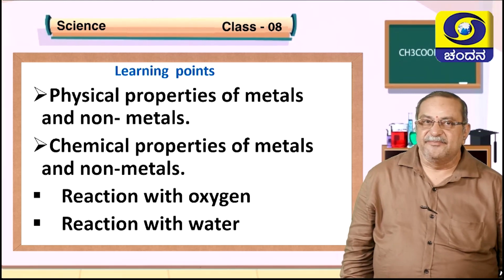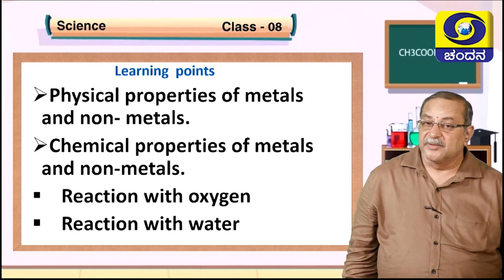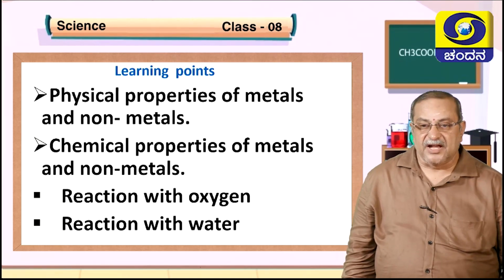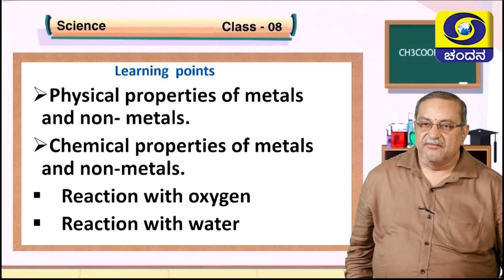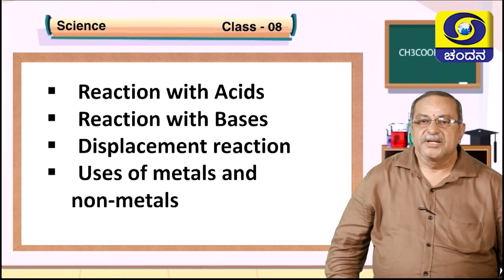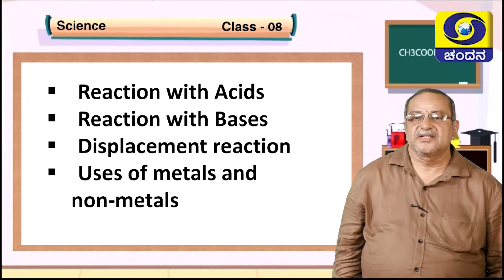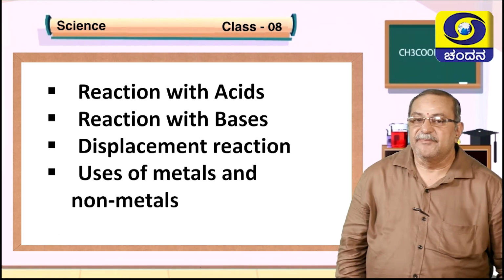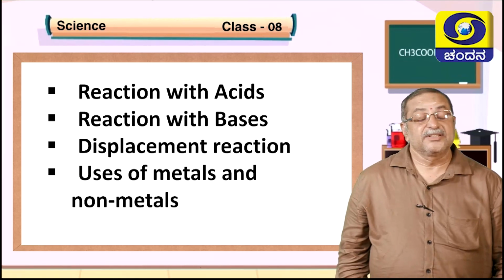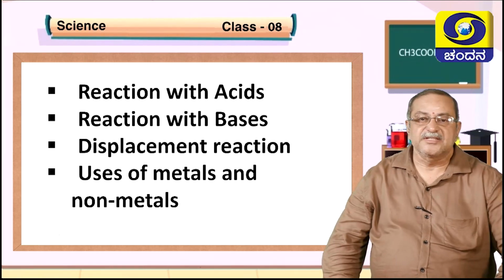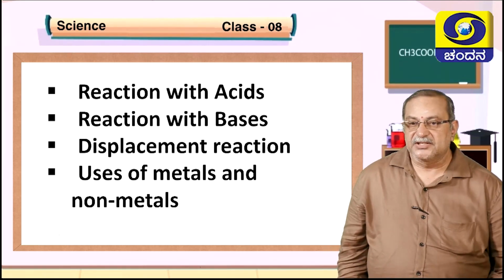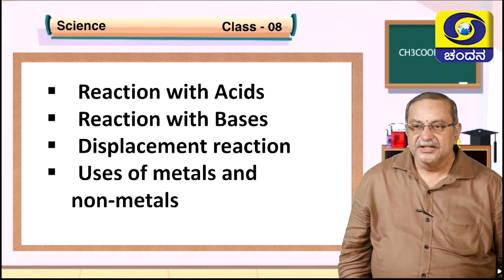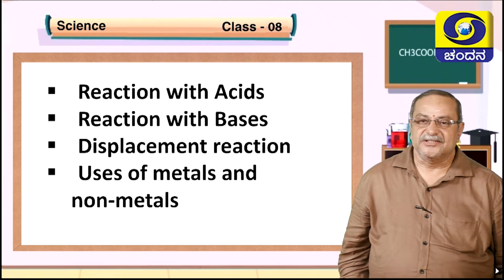Physical properties of metals and non-metals, chemical properties of metals and non-metals, reaction with oxygen, reaction with water, reaction with acid, reaction with bases, displacement reaction, uses of metals and non-metals. So these are the topics or concepts that we have learned. In this one, a few concepts we are going to learn today, children.